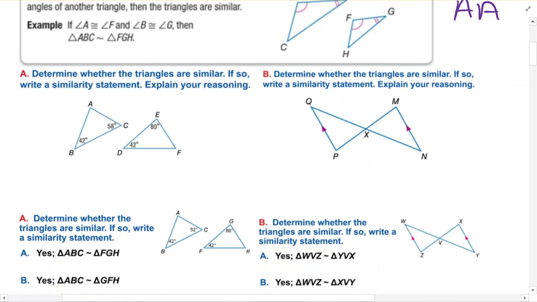So in the first problem A, we're determining whether the triangles are similar. So first thing I'm going to do is figure out what the measure of angle A is.